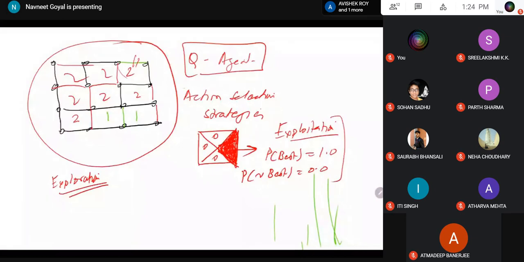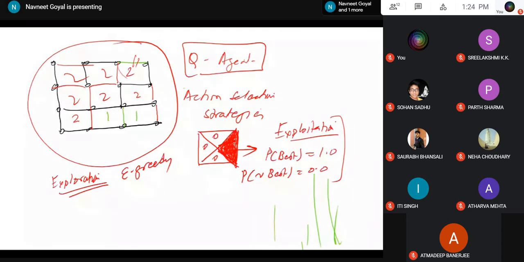So now if I talk about epsilon greedy, epsilon is a small probability which allows me to choose an option which is not the best, right? So if I take you back, let me write down some values in a particular cell.